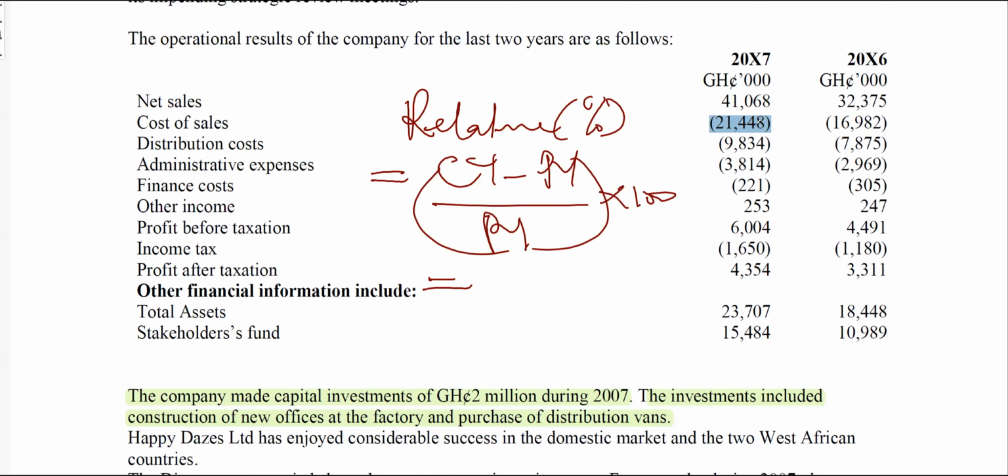Then I'll give you a foolproof answer of how we do PESTLE analysis. I hope you are learning something. So I have 21,448 minus 16,982 all over 16,982, which is 26.3%. So a 26.3% increase in cost of operations, right?